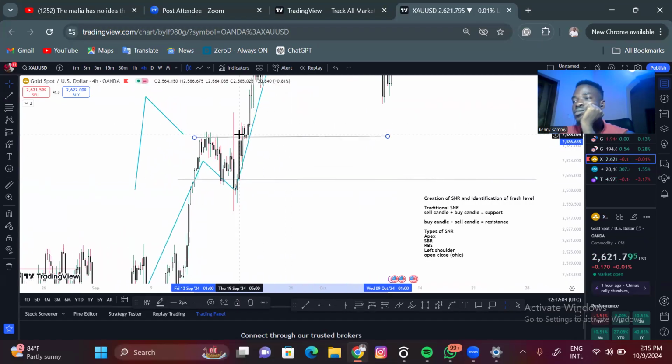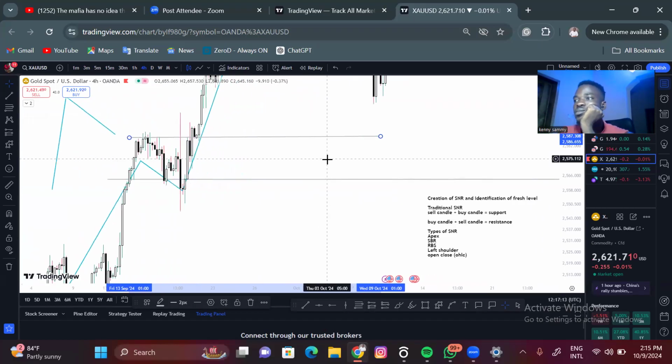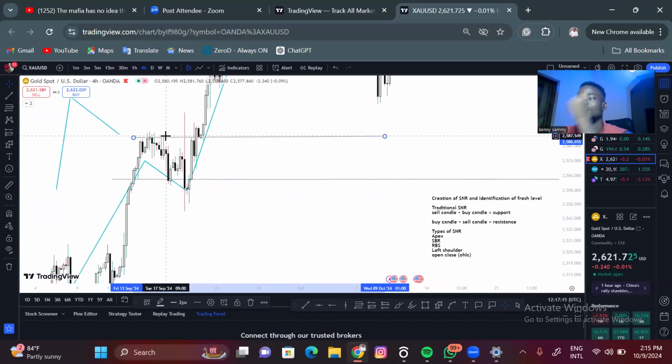We have something here. So this resistance level, when the market went down here, it got rejected, even though if you had set your entry here, your stop loss might have been taken. But then by the time the price was coming back, it reacted from here, and then we saw our market turning back from here.